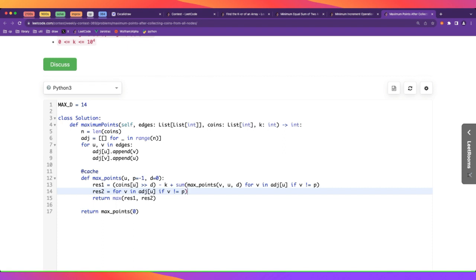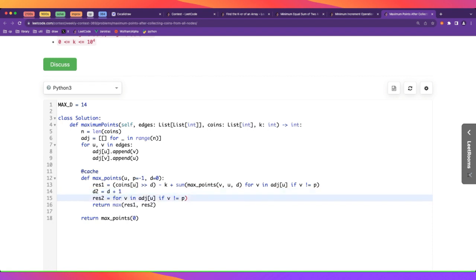Then on the second way, the next D is going to be d2, and we call again, but now with d2 because we have incremented it.